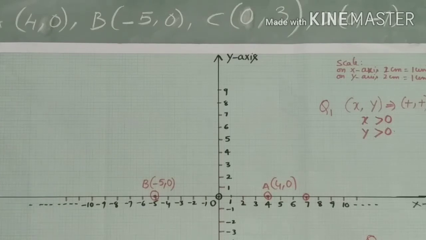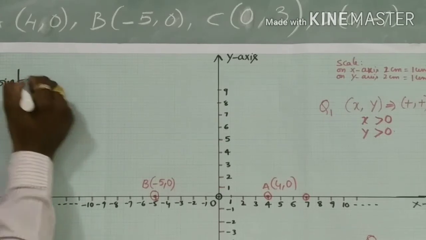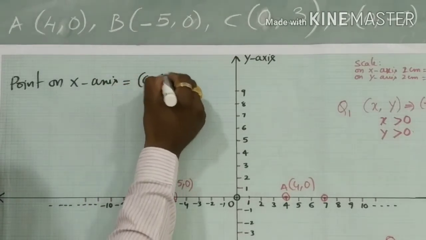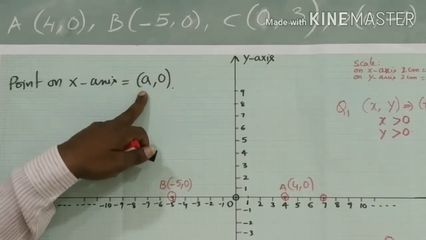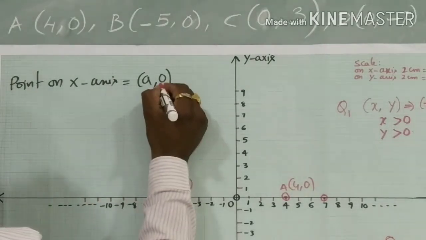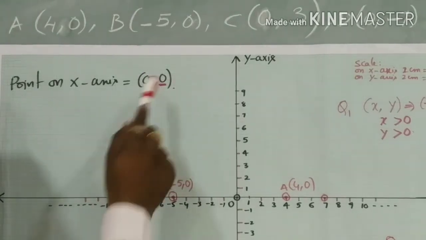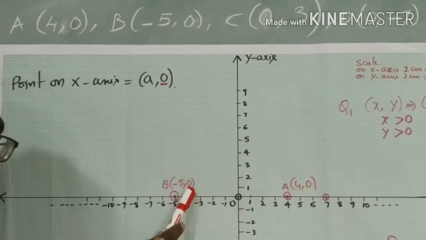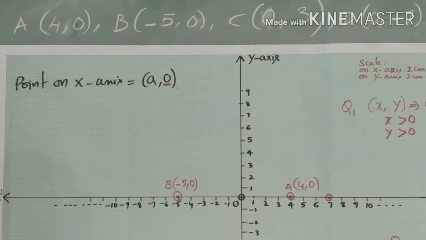Then we can say that a point on the x-axis is a comma 0. a can be positive or negative. a can be any real number. But the thing is that 0 is common. In minus 5 comma 0, minus 5 is known as the abscissa and 0 is known as the ordinate. If the ordinate is 0, then the point lies on the x-axis.